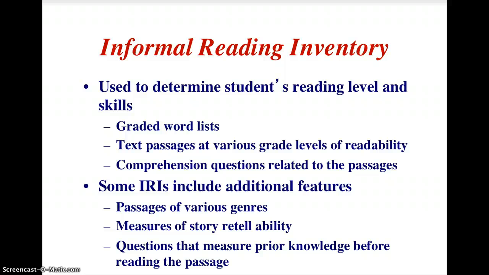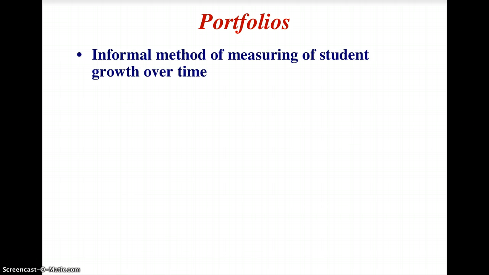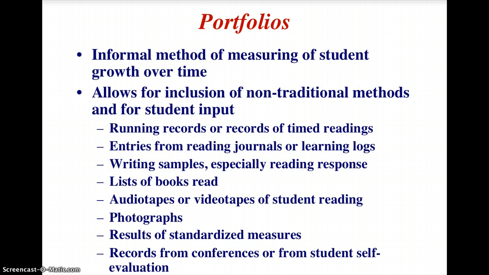There are other ways that we can use our eyes. You will be using basically this first bullet and these sub bullets here. Moving along. Portfolios, this is just a quick thing. It shows us, and informal is a very important word here, growth over time.